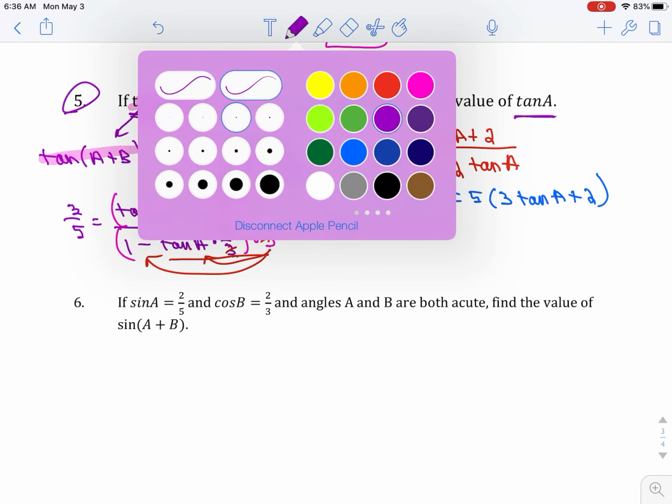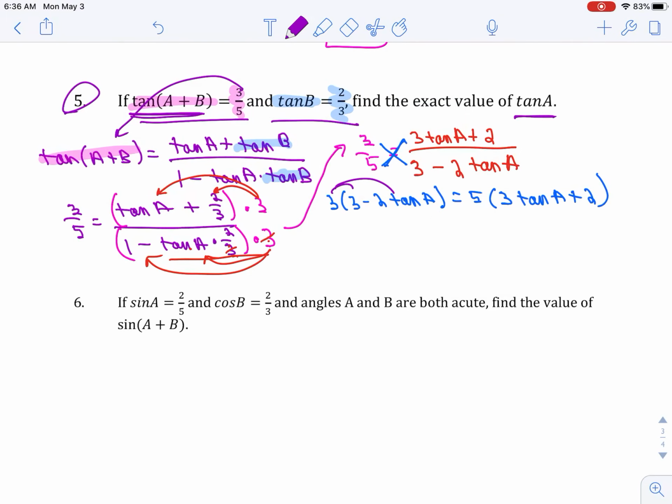So I'm going to distribute now the 3 to both of these terms and the 5 to both of these. And so I get 3 times 3 is 9, minus, because of the minus here, 3 times this term will just be 6 tan a. And then on the other side, I get 5 times 3 tan a, so that's 15 tan a, plus, and then the 5 times the 2 is 10.